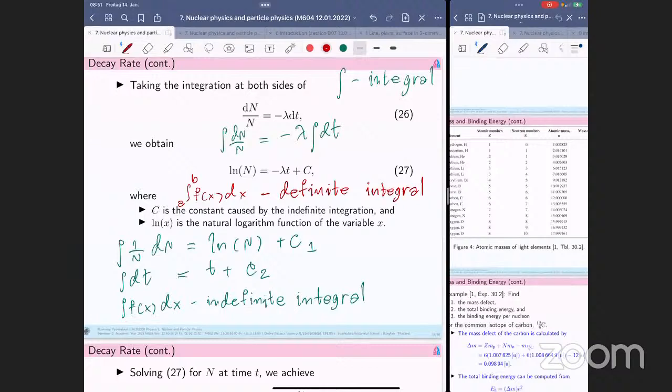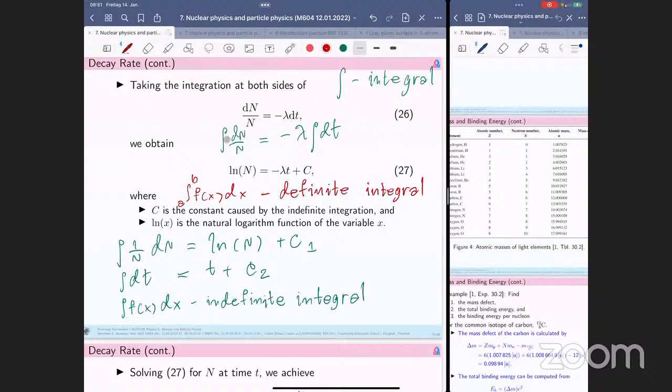Definite integral means it's the integral with limits. You get the actual value from that, but the result from the indefinite integral, which is what we are considering here, is the result without any number, because we need to substitute later.